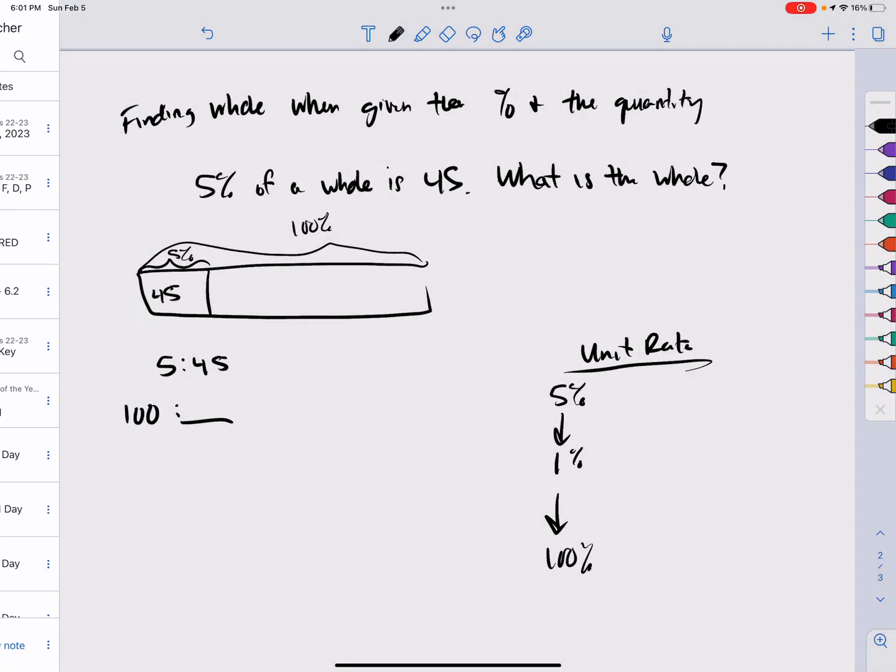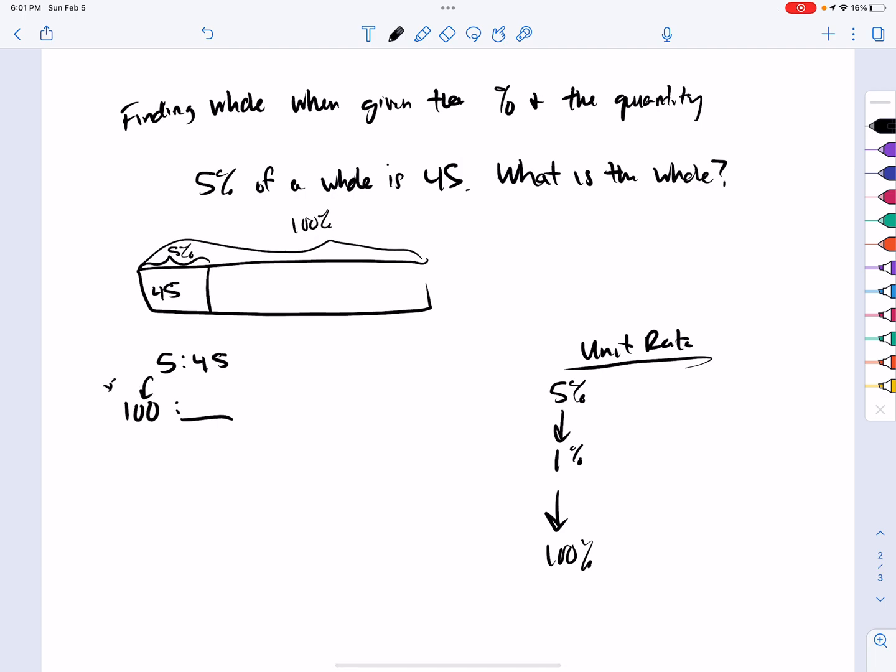And so 5 times 20 equals 100. And so if we want this relationship to remain constant, we would need to also multiply that by 20. And 45 times 20, 45 times 2 is 90, times 10 is 900. So the whole is going to be 900.